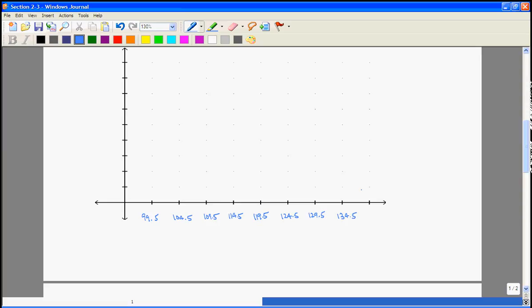Also, forgot to mention, on a horizontal axis, when you want to show that you're not starting at 0, we put this little symbol here to say there's space here, but we're not really starting at 0. We're jumping all the way down to these values.